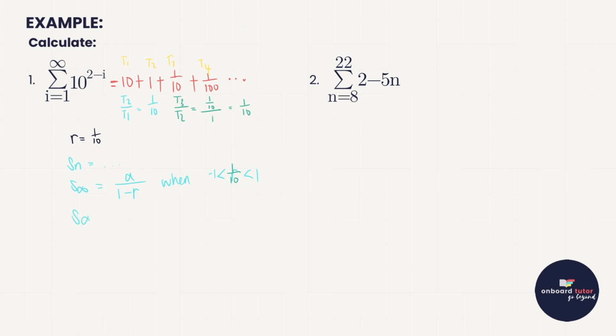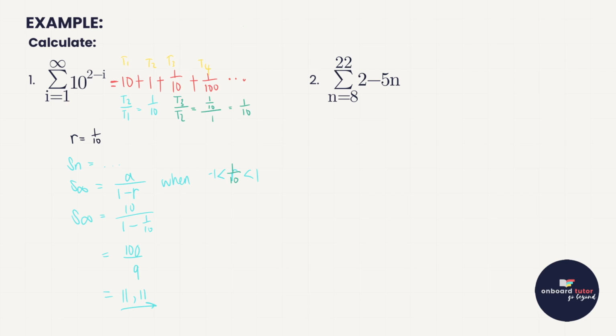So we can say the sum to infinity is equal to A, my first term there, 10, over 1 minus the R value there, which is 1 over 10. And then you can pop that onto your calculator, and it gives you an answer of 100 over 9. And then you just need to check the instructions on your test paper, and generally they want things to 2 decimal places. So 11.11 would be the sum to infinity there of this series in sigma notation.